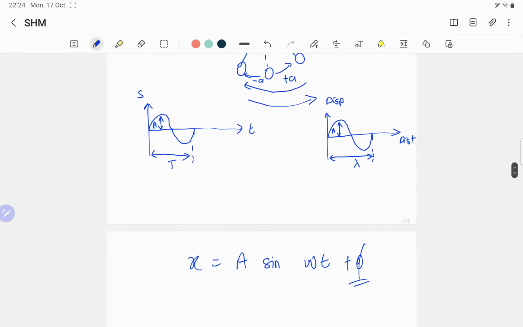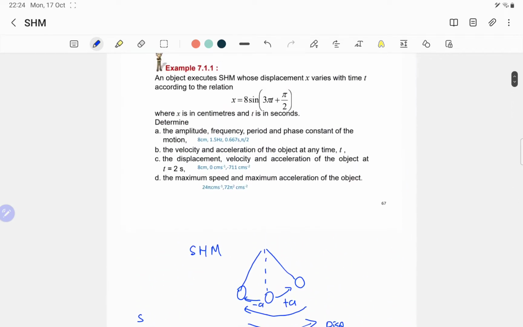Over here you have an SHM equation given. x varies with time, so the position depends on time. x is given in centimeter and t is in second. They want to determine the amplitude, and you can straight away obtain it from the equation, which will be in cm.